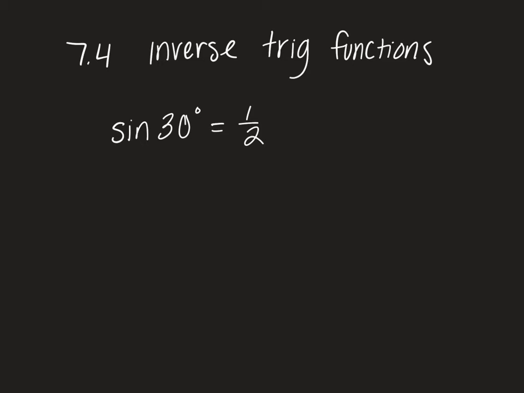Hit mode on your calculator, and it should have the degree option highlighted at the top instead of rad. That's why you got the wrong answer. If you're in radians, you need to make sure to switch it over, but if you're in degrees, you want to do it this way.